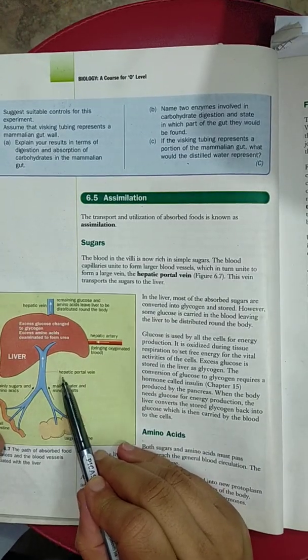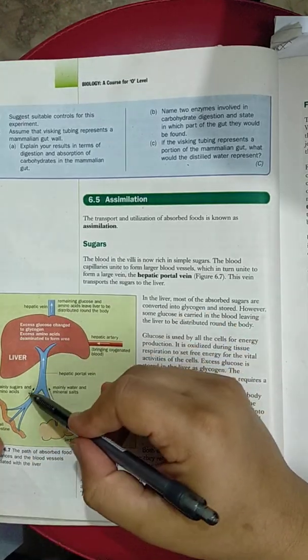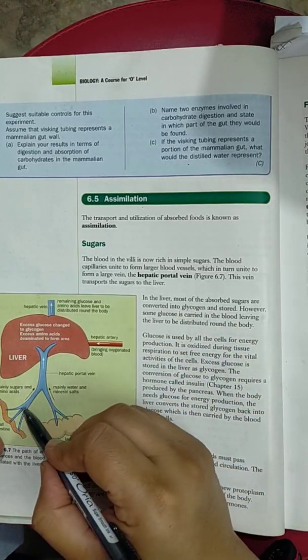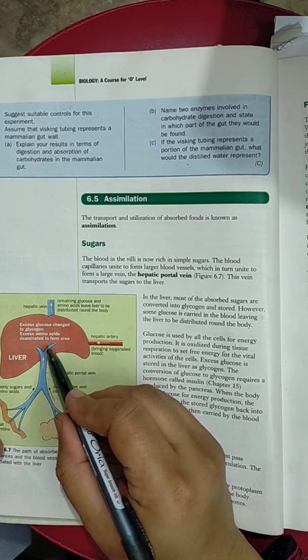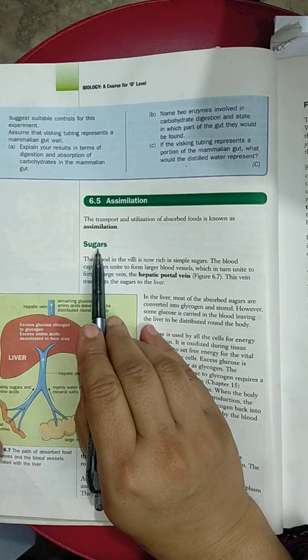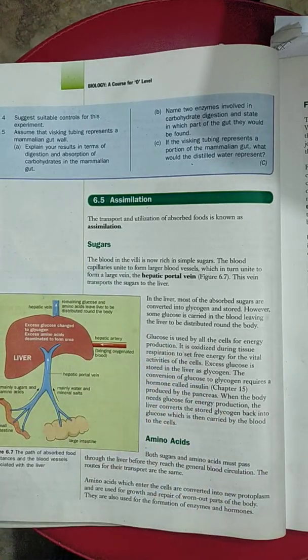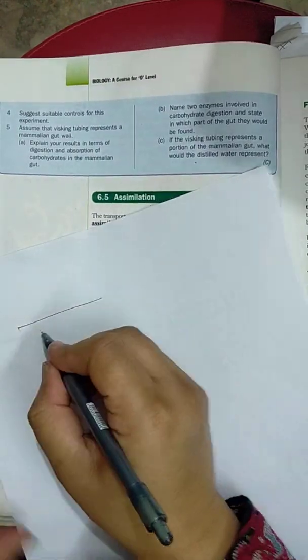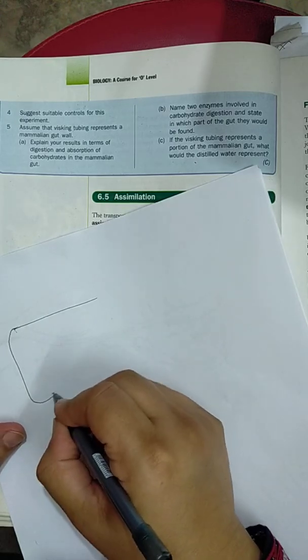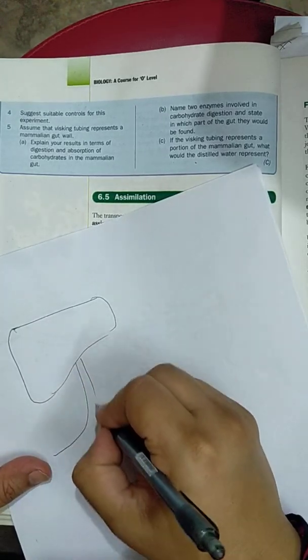Anything related to the liver is called hepatic. So in this way, through the hepatic portal vein, first of all sugar, or the basic component of sugar, which you already know is glucose, will reach the liver.